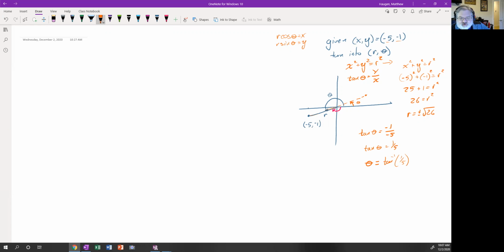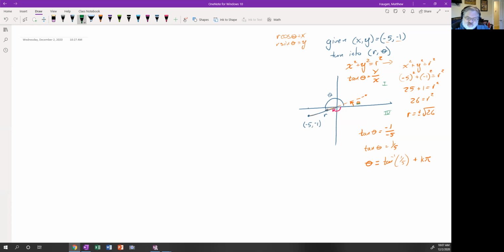We get 2 answers per rotation and all the coterminals. So it's going to be that tan inverse of 1/5 plus any multiple of pi, right? Now, we know, without even figuring out what the tan inverse of 1/5 is, that it's going to be this angle, because tan inverse can only give us answers in quadrants 1 and 4, right? It can't give us these quadrant 3 angles, so it's automatically going to give us this one.